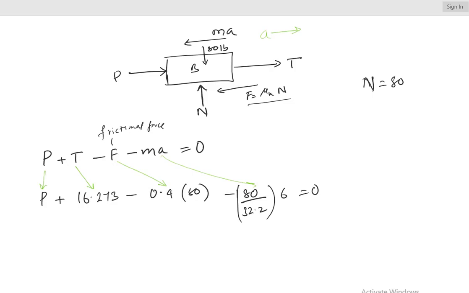In the previous problems we had many vertical forces, and the sum of all of that, positive, negative, whatever it was, was equal to N. But in this case there's only one force acting down, which is the weight. So N is also 80 pounds, which we have used here.